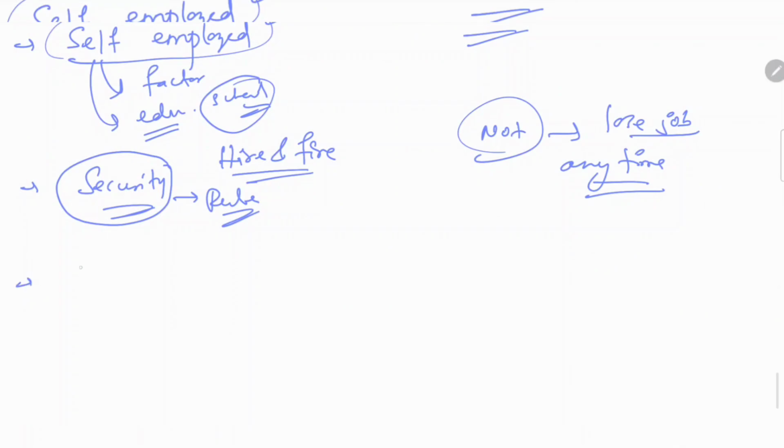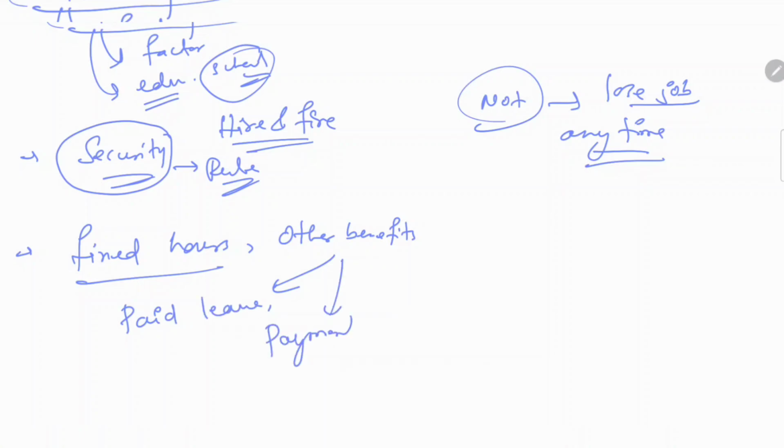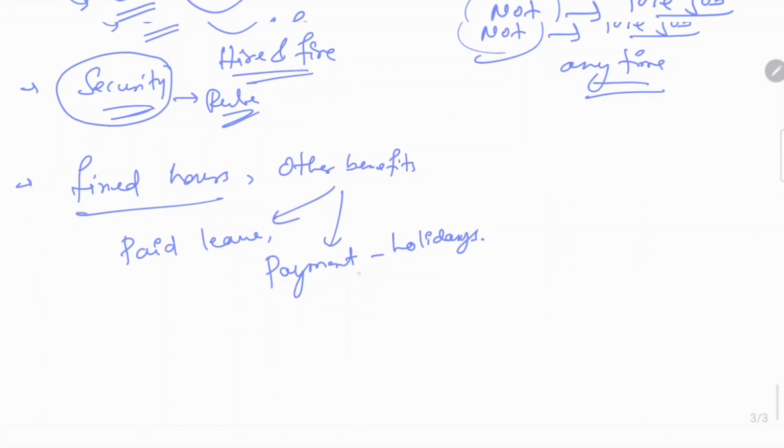And in the organized sector they will have fixed hours of job, and there will be other benefits, such as paid leave, and payment even during holidays, and also the employers will pay the provident fund as future security of the employees.